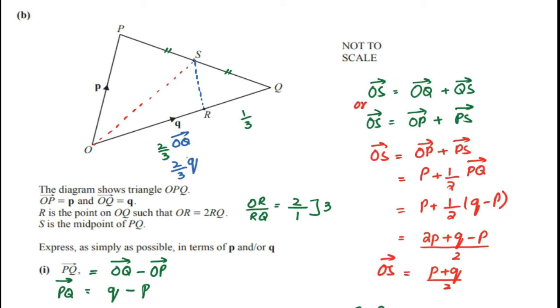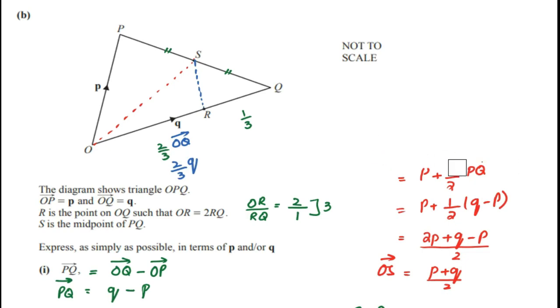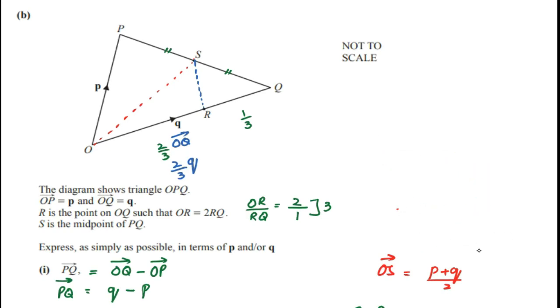Okay, so if we take this triangle to find SR, here we have OS. So to find SR, if we take triangle SO plus OR, or in terms of position vector, we can write OR minus OS. We have OR, we have OS. So OR is 2 upon 3 of Q, and OS we have just got, that is P plus Q upon 2.